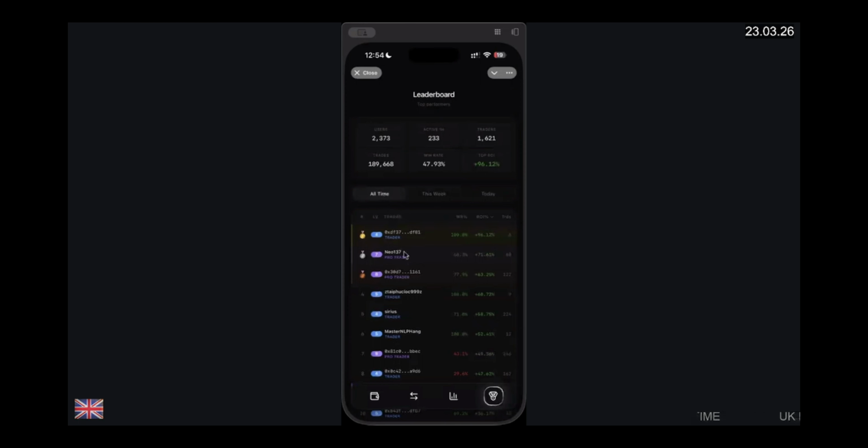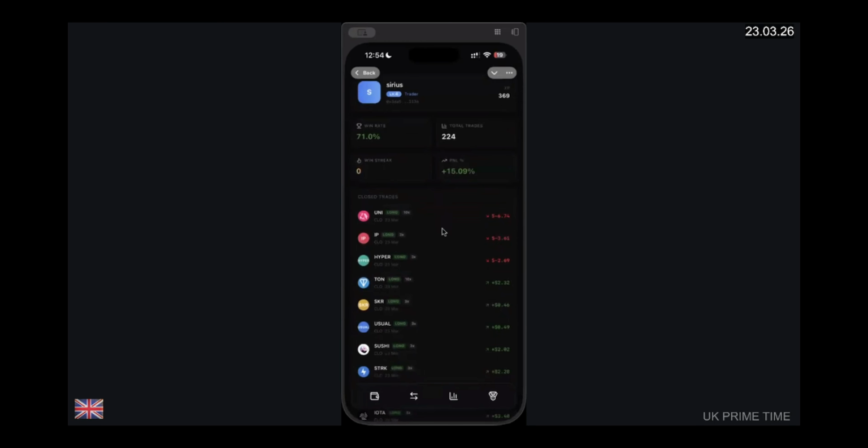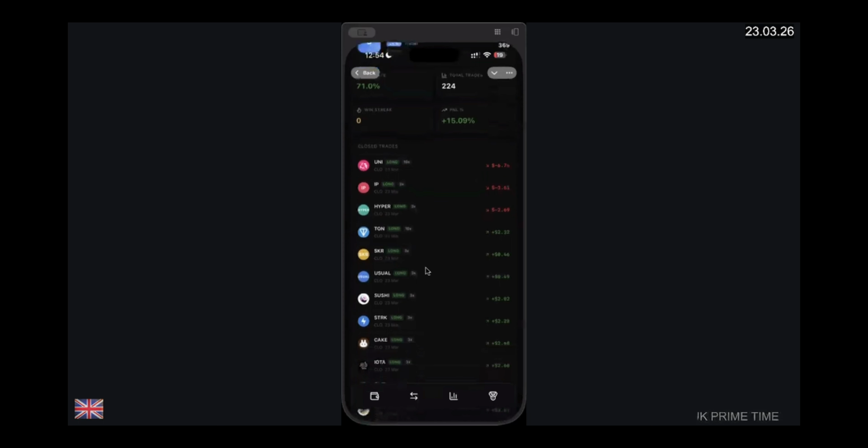So let's see who is number one today. This is somebody who has a win rate of 71%, has done 224 trades, and has made a loss on Uni and Hyper, but has made a profit overall.